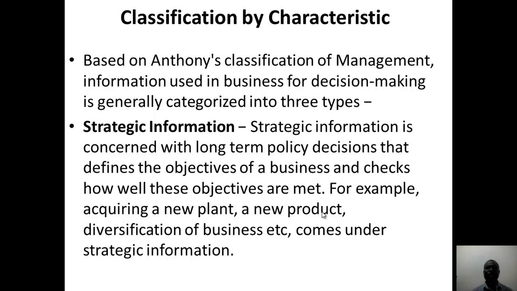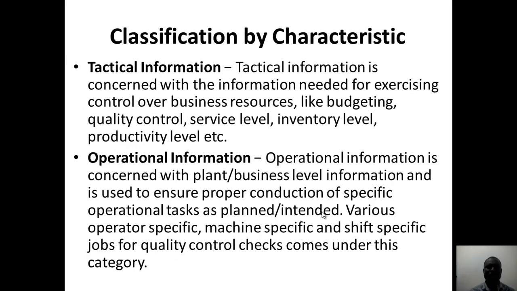This information really helps the organization to be strategic in its activities. Otherwise, you have a plan to produce a new product, but somebody produces a cheaper version in front of you, you're dead. So this strategic information helps to achieve the organization's long-term plan.